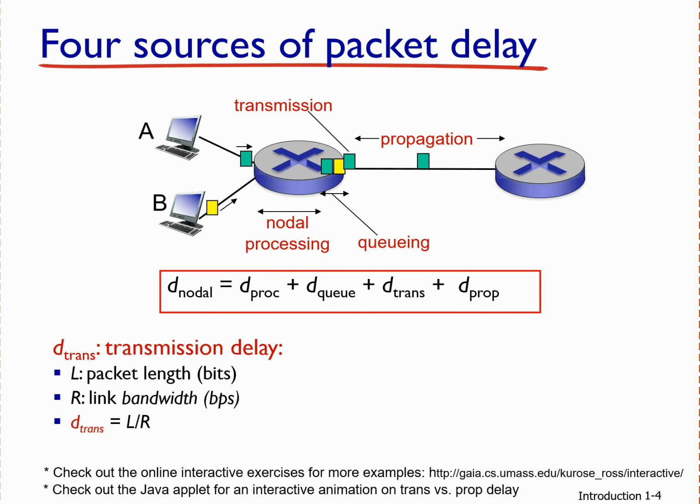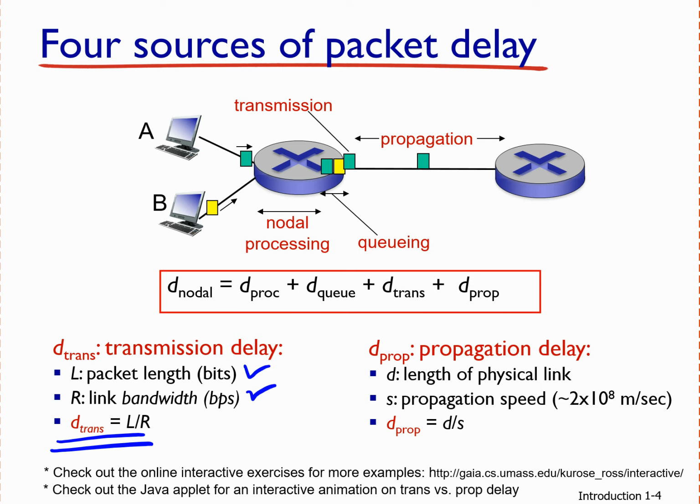We have the transmission delay, which is the time it takes the packet to be put on the link to be transmitted between point A and point B. The transmission delay can be measured by the length of the packet in bits and the link bandwidth, or the transmission rate of the link in bits per second. So the delay can be measured as the length of the packet divided by the rate of the link.